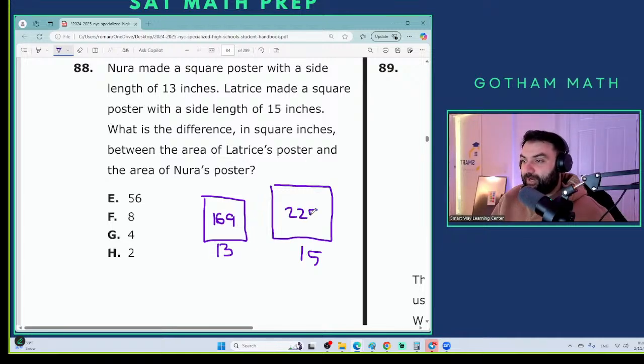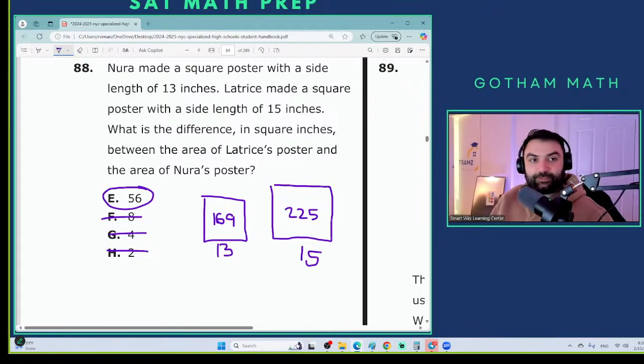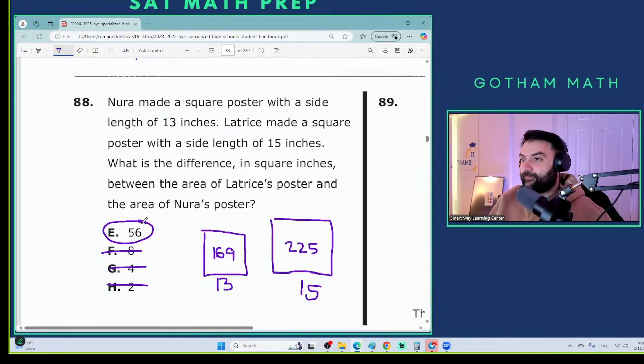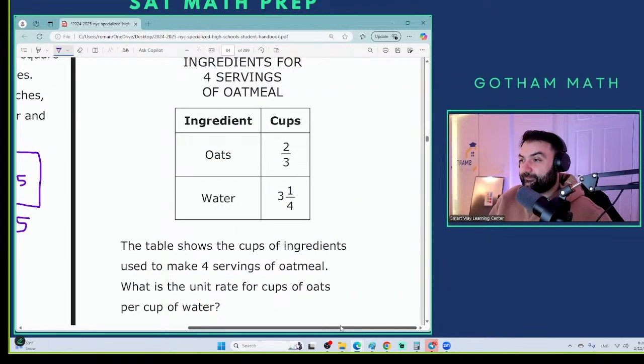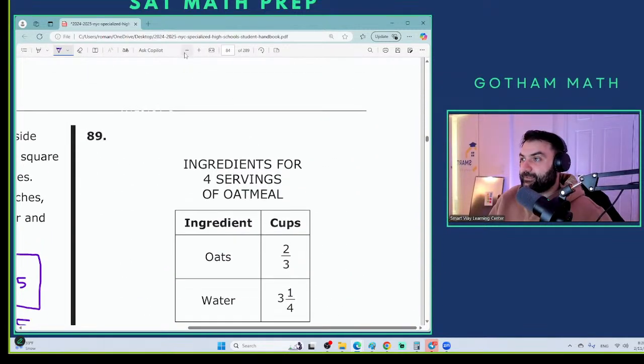I got it in like 10 seconds, if you know what 15 times 15 is right away. But you need to know that. And obviously this minus this, I don't even have to subtract. It's 56. Wow, that was easy. Next.